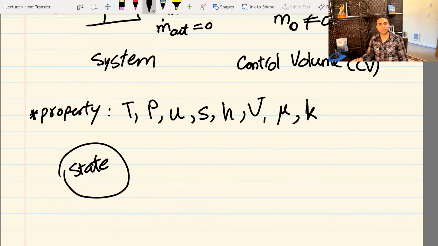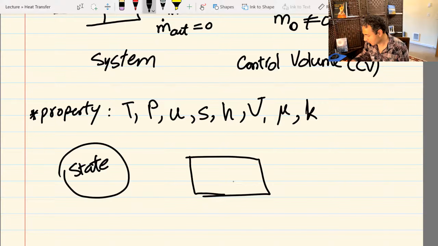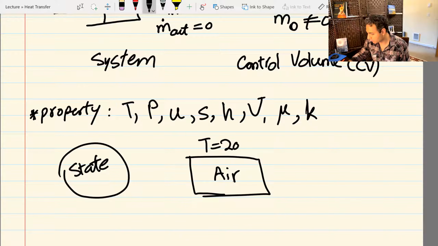I'll give you an example. Imagine that we have a tank. We have a tank full of air. In this case, this is a closed system. Let's say all the valves are closed, everything is good to go. Let's say the temperature inside this tank is 20 degrees Celsius and the pressure is 1 atmosphere.